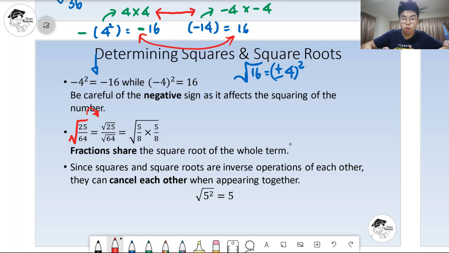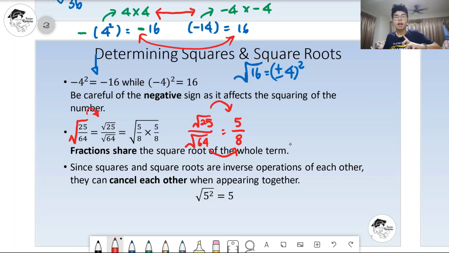The numerator is going to have a square root, and the denominator also going to have a square root. So the answer is going to be 5 over 8, because the square root of 25 gives you 5, and the square root of 64 gives you 8. So 5 over 8.